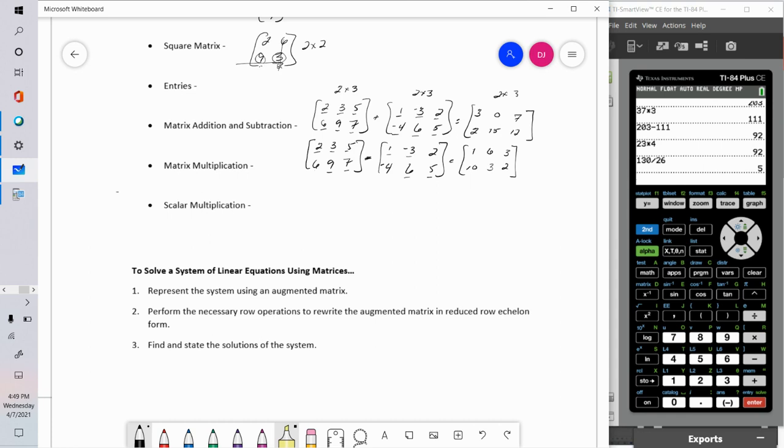Scalar multiplication, like you've heard of scaling things, right? So if I take the matrix, and we'll just stick with the matrix 2, 3, 5, 6, 9, 7, that's a matrix. The number 3 is a scalar.